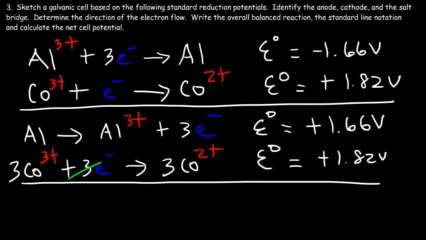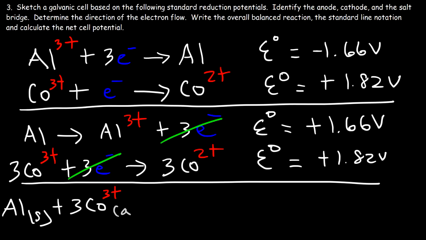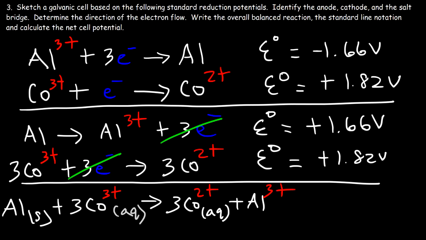So we can see that the number of electrons will cancel, and so the overall balanced reaction will be solid aluminum plus the 3 cobalt ions in the aqueous phase, and then that's going to turn into this stuff plus the aluminum cation, which is also in the aqueous phase.